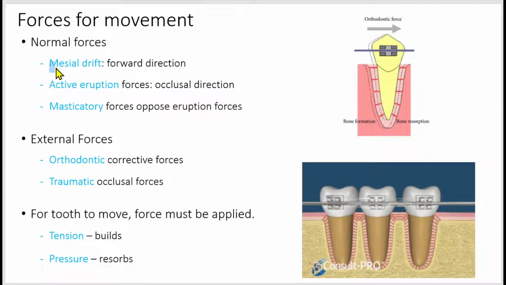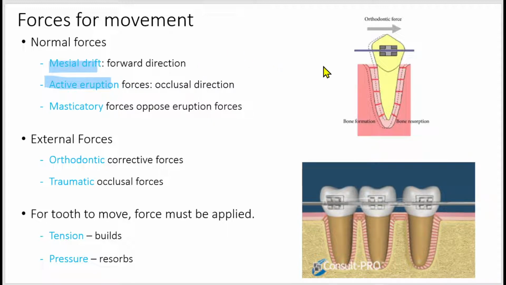So we have the mesial drift, that teeth are always trying to move forward into the arch, and it is active, but usually is held by each other. So each one of them holds the other, and that's why, when we have a third molar, sometimes we want to extract it, because otherwise it will push all the teeth, and then we will have crowding because of the mesial drift.